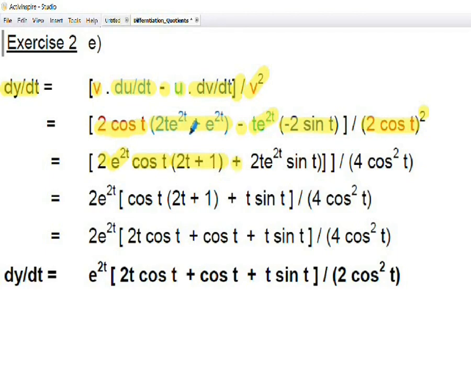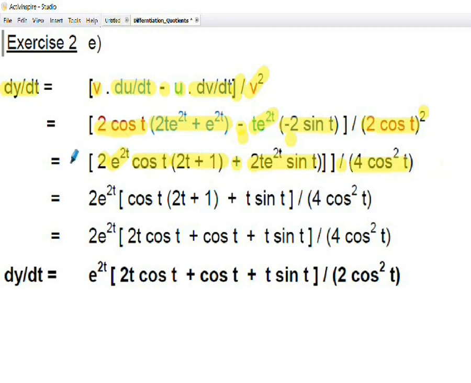I've gone to a plus because I've got a minus and a minus above, so that makes a plus, and I brought the 2 in front of the t e to the 2t. So just a bit of a rearrangement there and a change of sign on that term, the minus and the minus making the plus, and then bringing the 2 to the front of the expression. Of course I'm dividing by the denominator, which I've squared, so 2 squared is 4 and cos t squared is cos squared t.